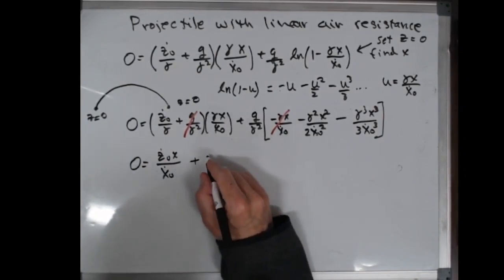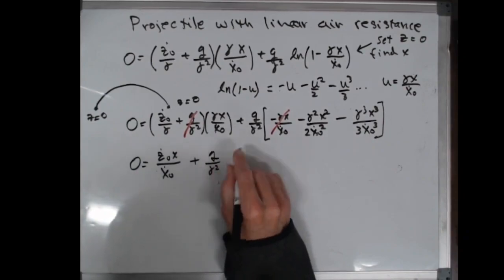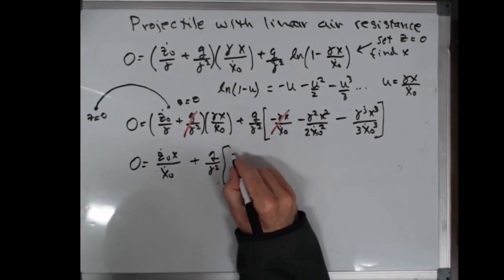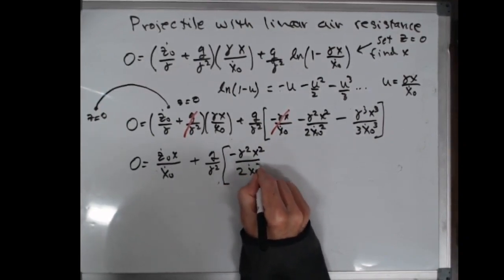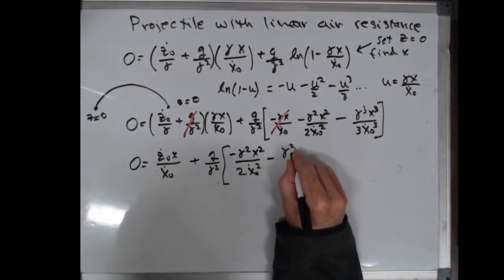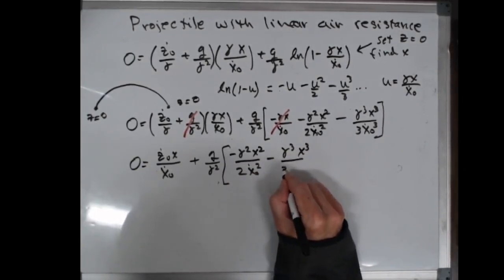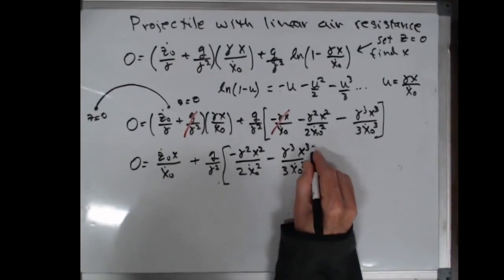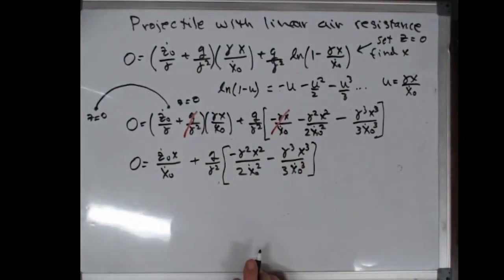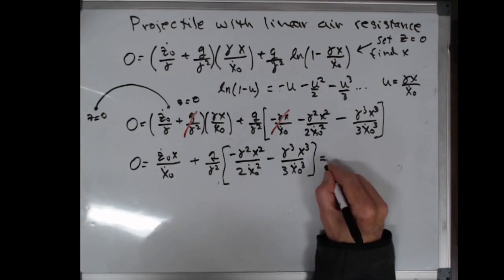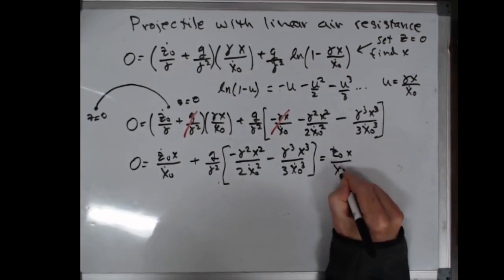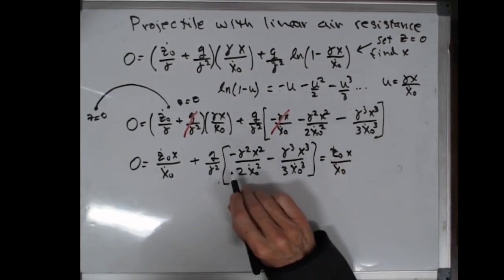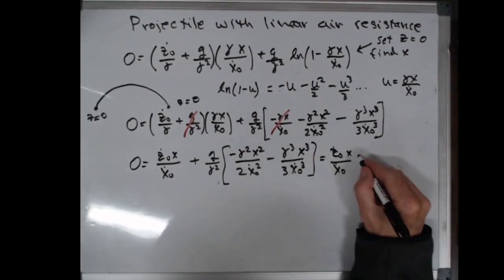And then I'm going to get g over gamma squared for this guy, and he's going to be multiplied by minus gamma squared x squared over 2x naught dot squared minus gamma cubed x cubed over 3x naught dot cubed, and then I'm just going to multiply that out, and this is going to give me a z naught dot x over x naught dot, and then I'm going to get, so the gamma squared is going to cancel in this guy, and I'm going to get a minus.